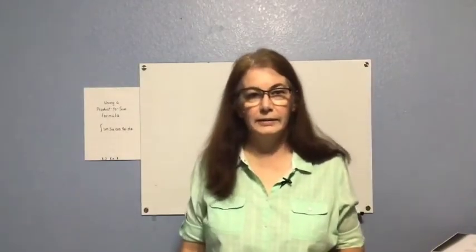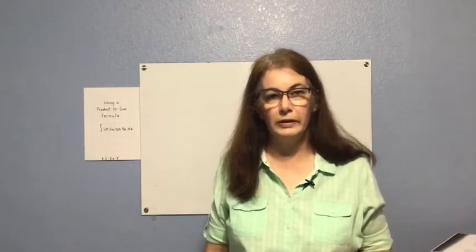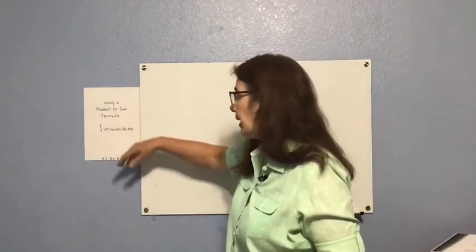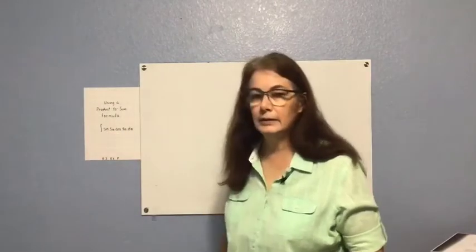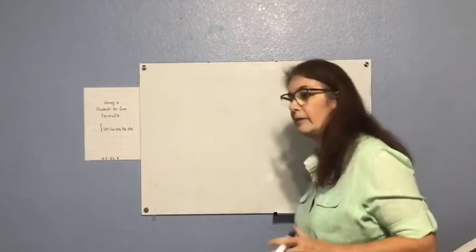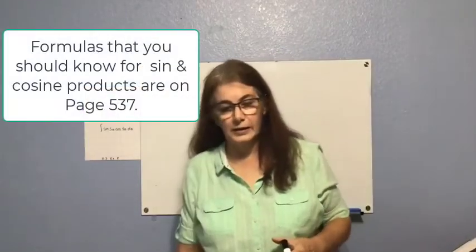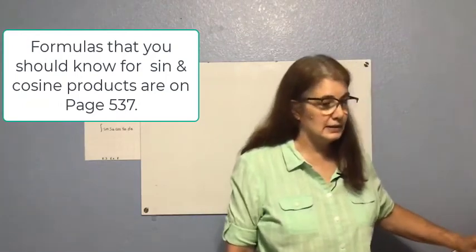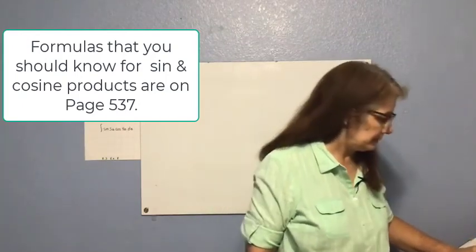Okay, the last technique we're going to use with these trigonometric functions is to use a product to sum formula to simplify our work. The formulas that you should know for sine and cosine products can be found on page 537 in your textbook.